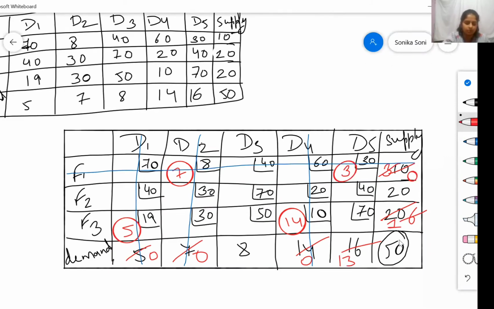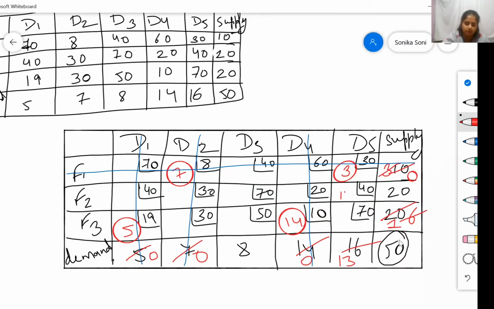Now we are remaining with only F2 and F3 rows and D5 and D3 columns. So we have to see the lowest cost in these two columns, D5 and D3. Which one do we have as the lowest? We have 40, that is F2 D5, as the lowest. How much can we allocate there?